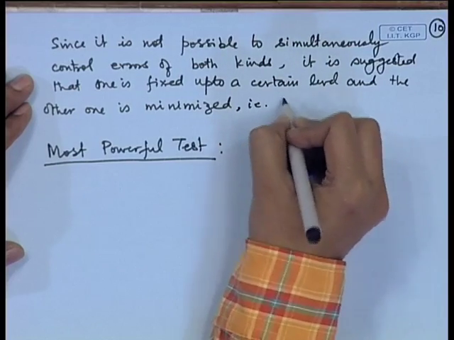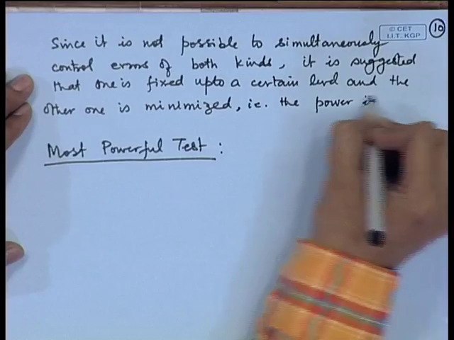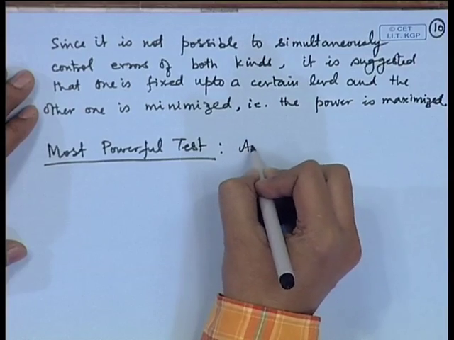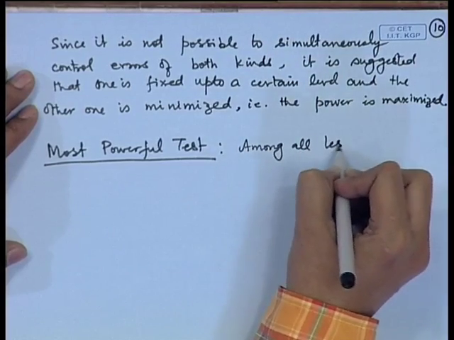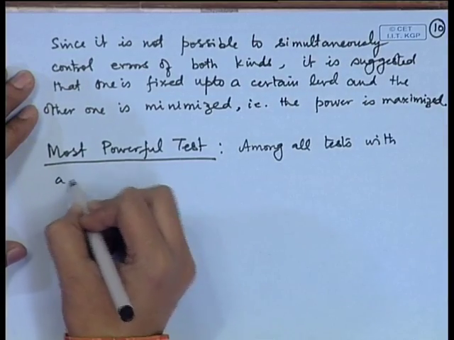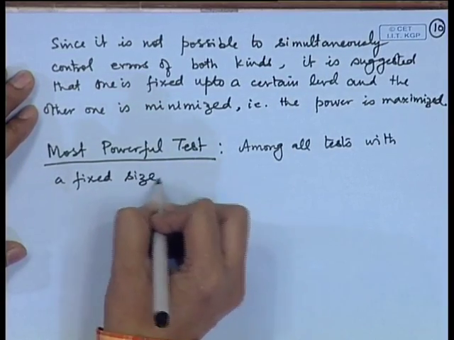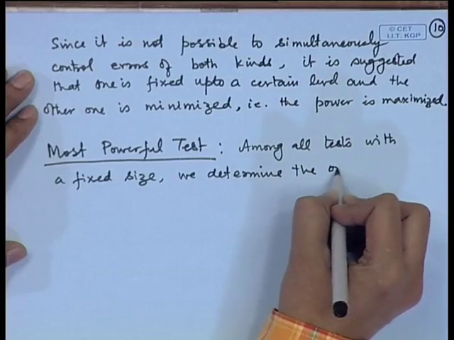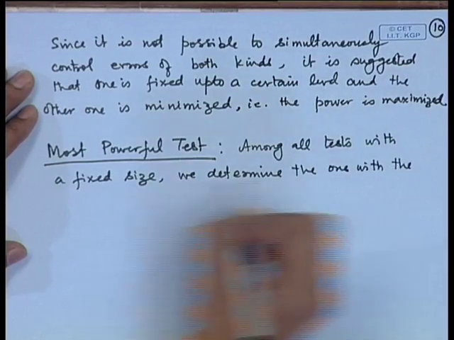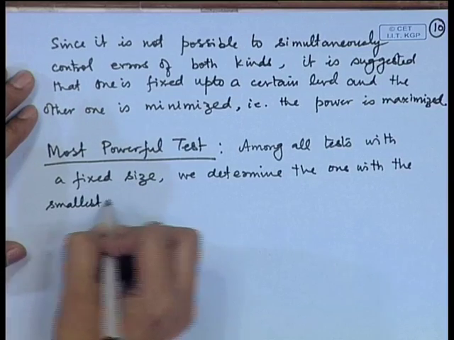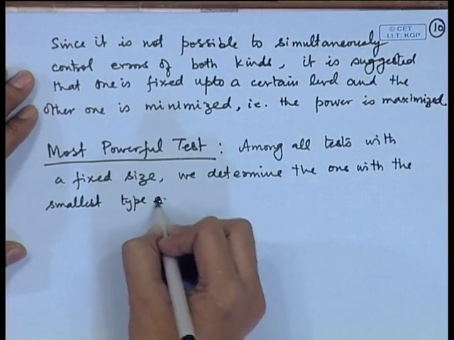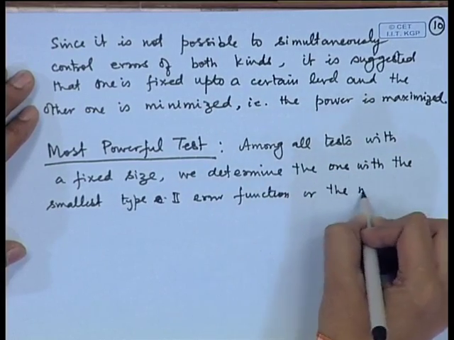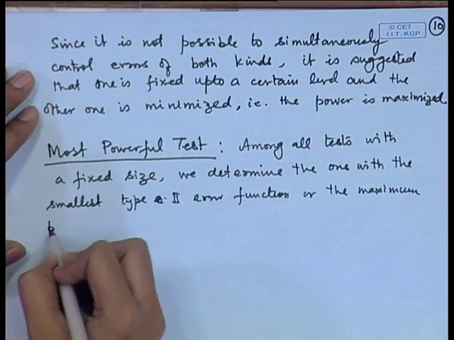That is, the power is maximized. So, the most powerful test is, among all tests with a fixed size, we determine the one with the smallest type 2 error function or the maximum power function.